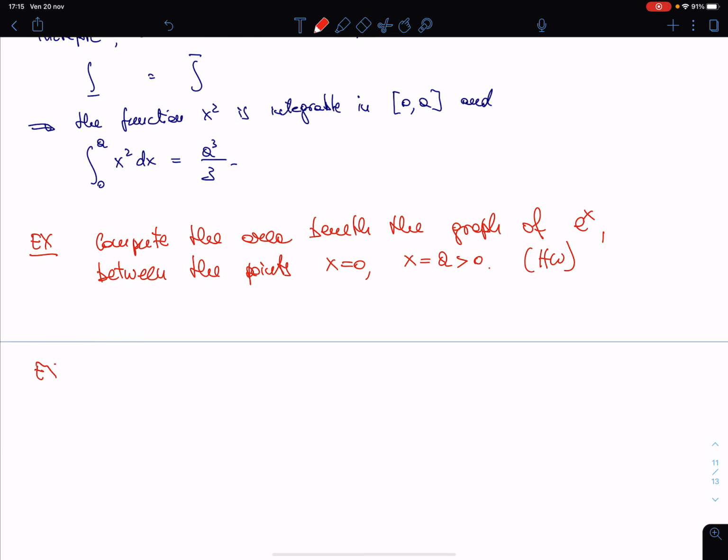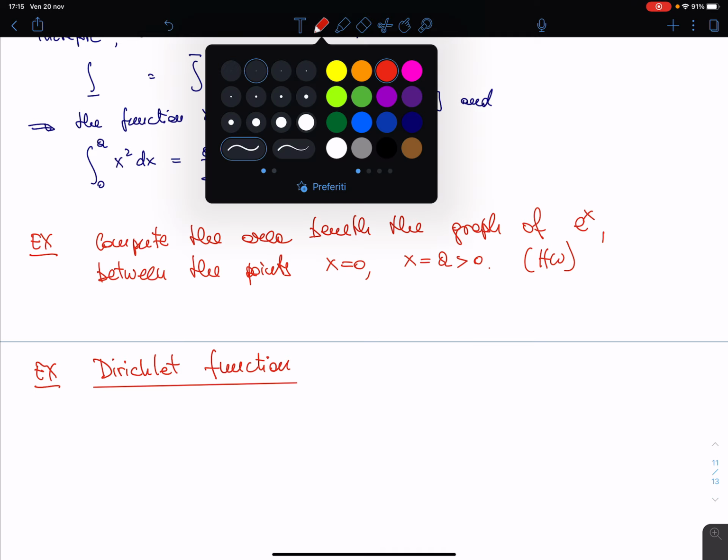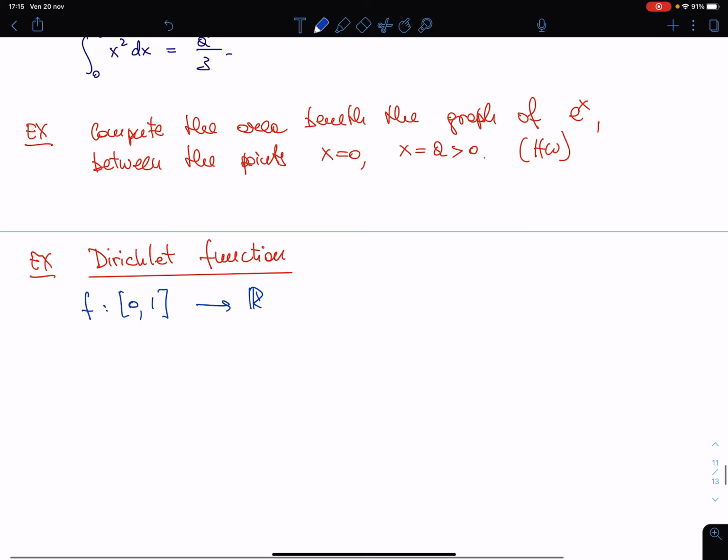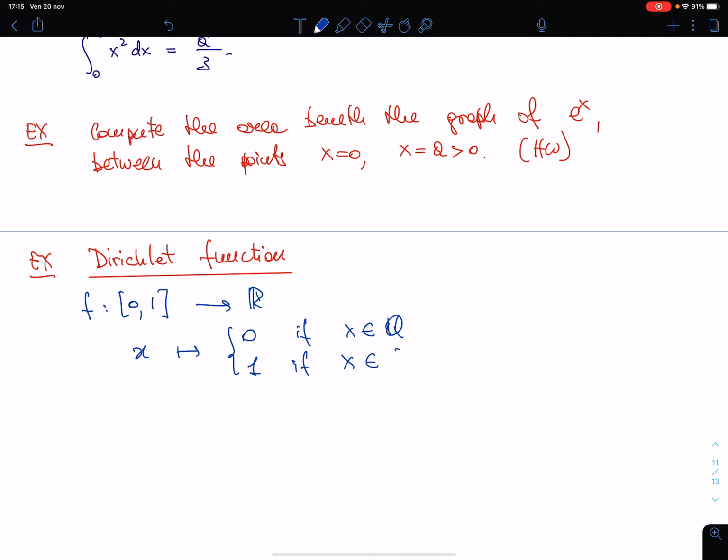Another example is the Dirichlet function. So the Dirichlet function is, as you already know, the following. You have f from the interval 0, 1 to R that associates to every x the value 0 if x is rational and 1 if x is not rational.